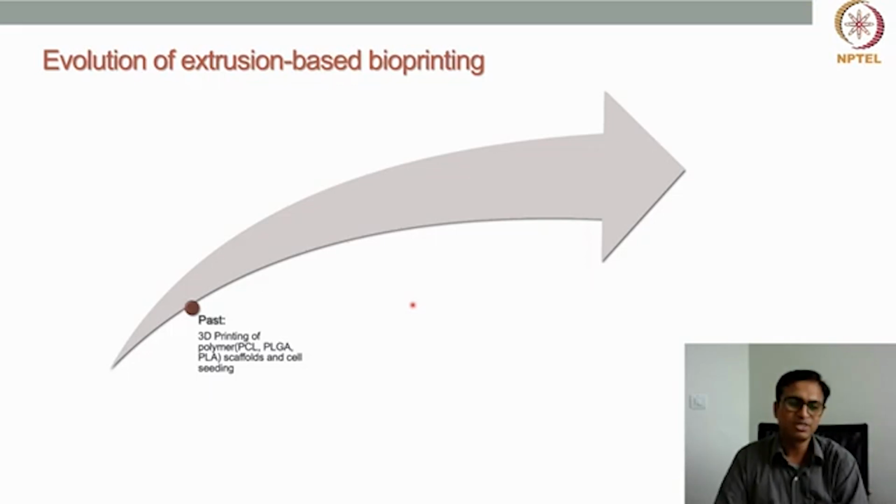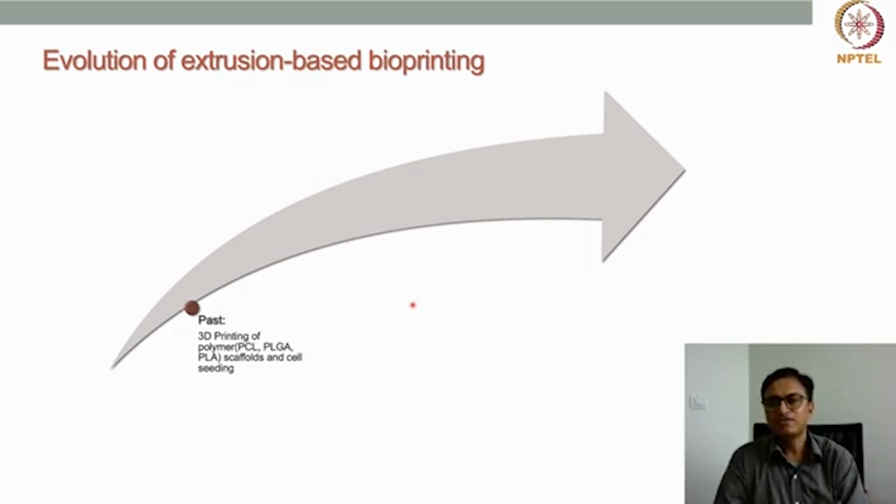Polymers like PCL, PLGA, PLA can be in a dissolved state, solubilized in a respective solvent, or these polymers can also be heated up to liquefy, and then that can be plotted. So these things are possible, and then after printing, the cell seeding was done on these kinds of structures.